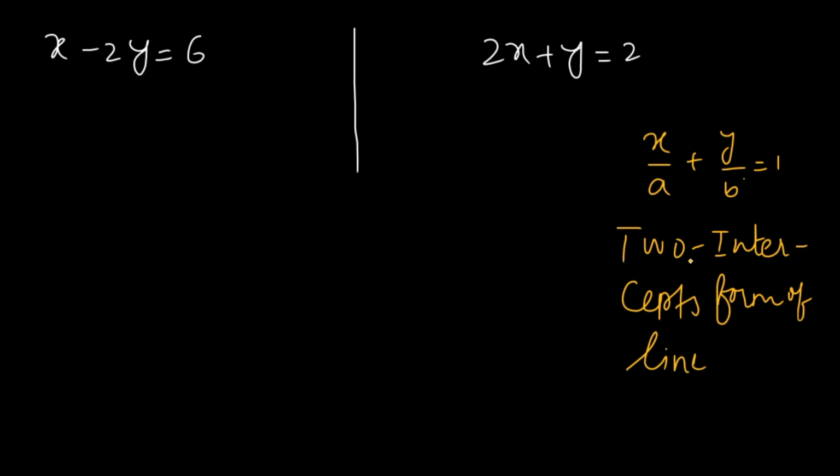Here the number in the denominator of x, that is a, is called the x-intercept, and the number in the denominator of y, that is b, is called the y-intercept.